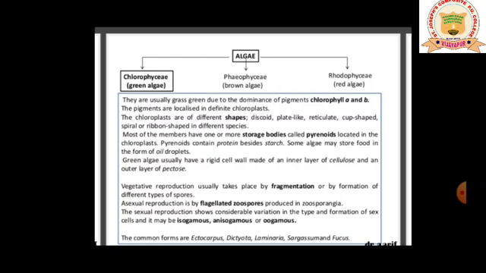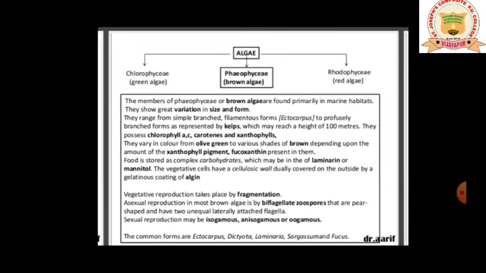Coming to the phaeophyceae, the second class of algae, commonly known as brown algae, containing pigments chlorophyll A and C and fucoxanthin. Fucoxanthin and chlorophyll A and C are the pigments responsible for giving the brown color to the phaeophyceae, and the stored food material in phaeophyceae is mannitol or laminarin.